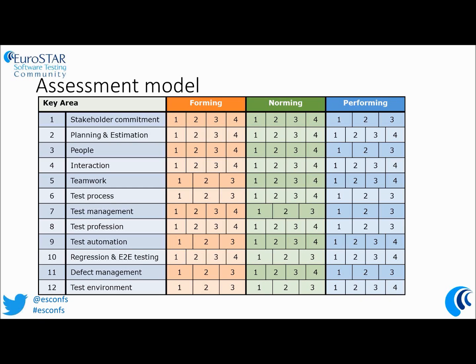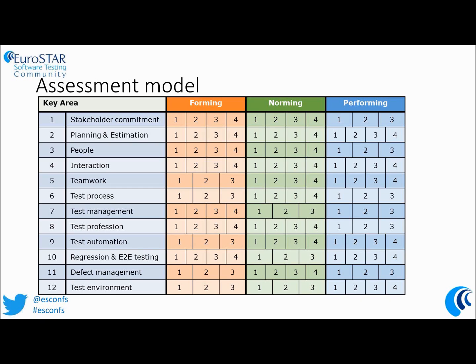And the key areas we've defined are stakeholder commitment, planning. Well, you can read them for yourself. I'll pick out a couple of the key areas for this presentation and go a little bit deeper into them. But the actual difference with the other models is here we see things like people, interaction, and teamwork in the model.